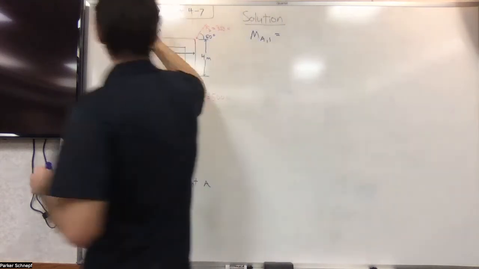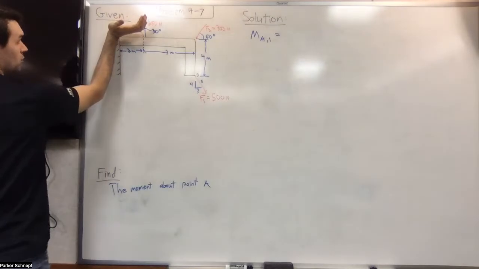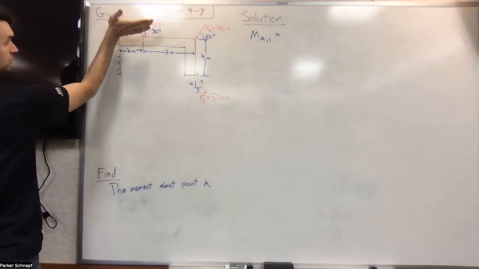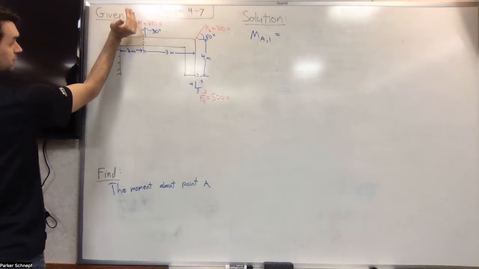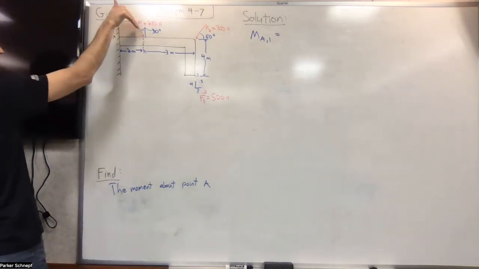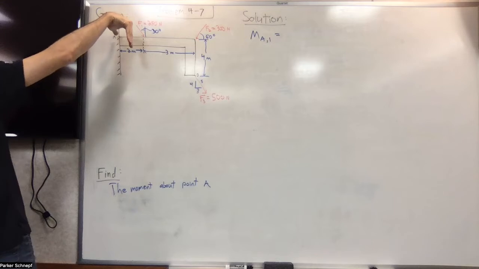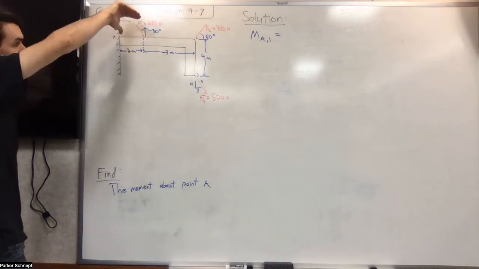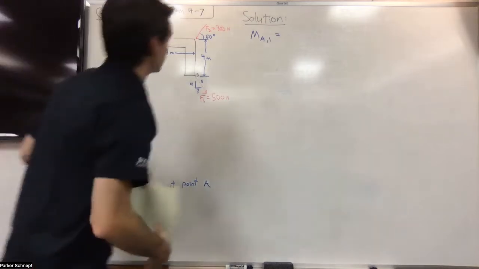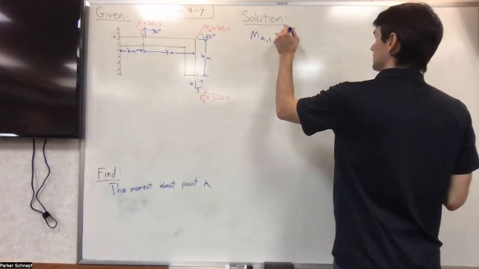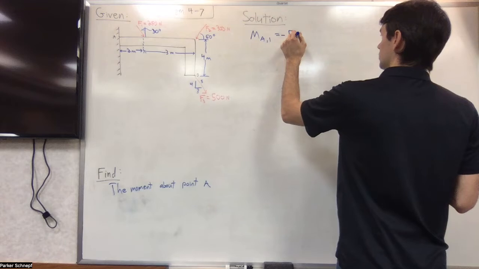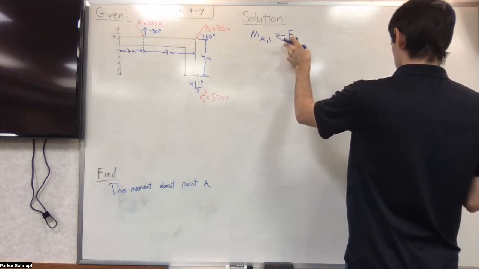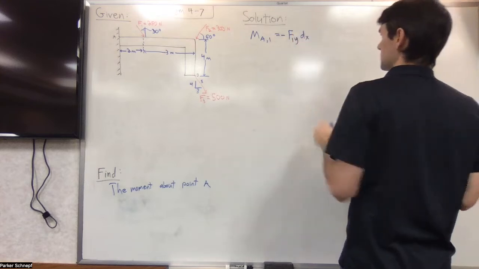If I do my right-hand rule, I pin my wrist at point A, go the horizontal travel distance, and then point my fingers in the direction that force one is acting, which is down. That causes a clockwise twist, which is negative. So we have negative F1y times the horizontal travel distance, dx.